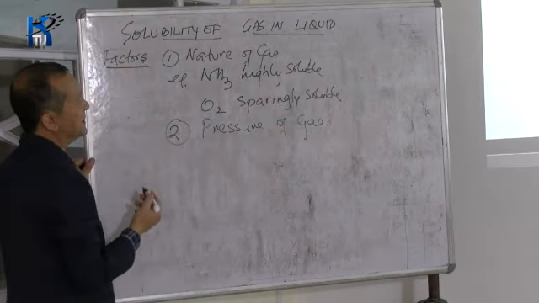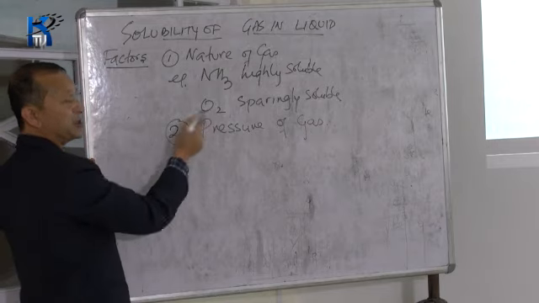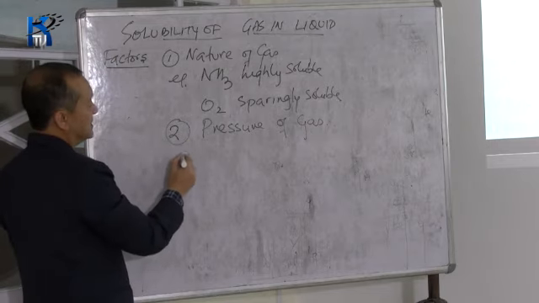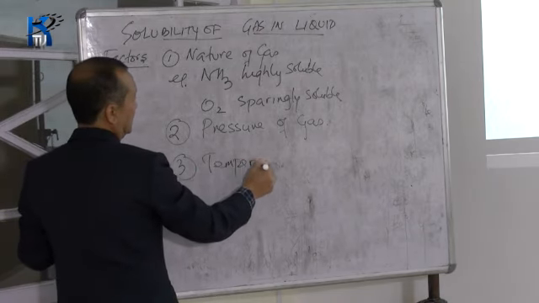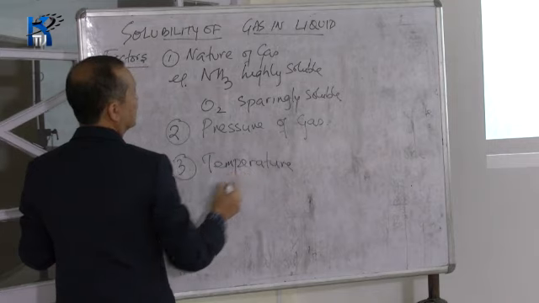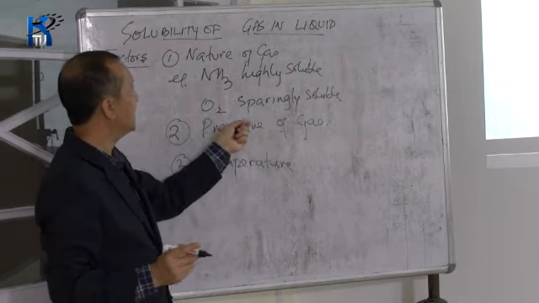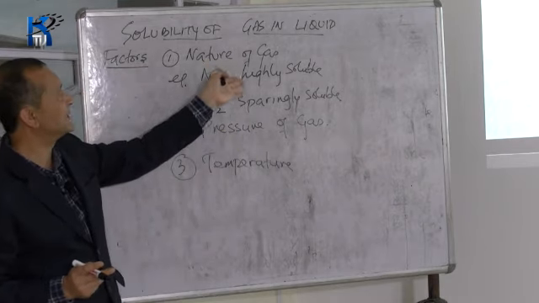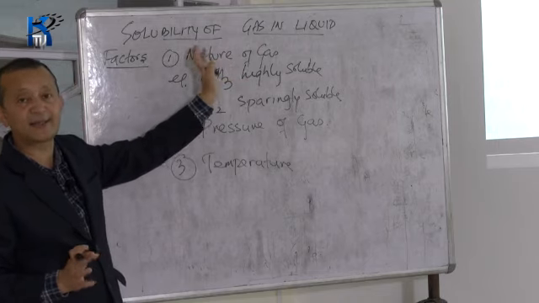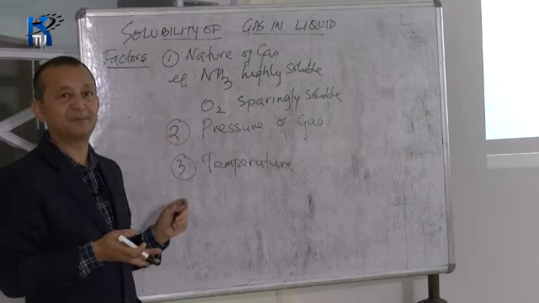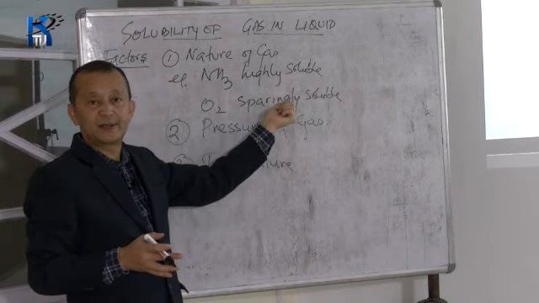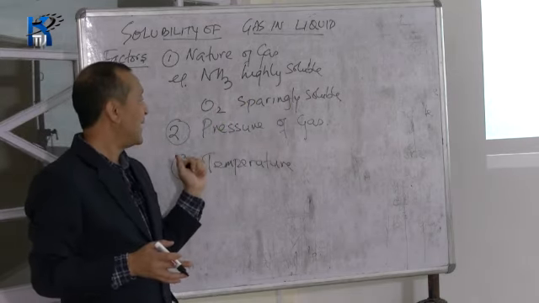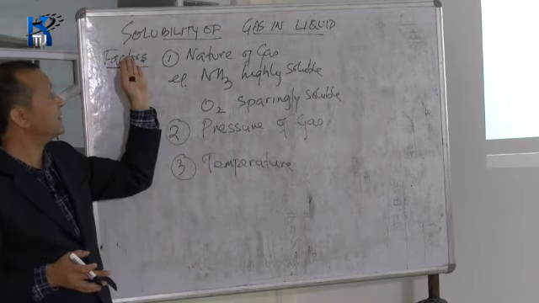The first factor was the nature of the gas, the second factor is the pressure of the gas, and the third factor is temperature. There's nothing more to explain about the nature of the gas. Some gases are highly soluble by their inherent nature, and some gases are sparingly soluble in water, like oxygen.